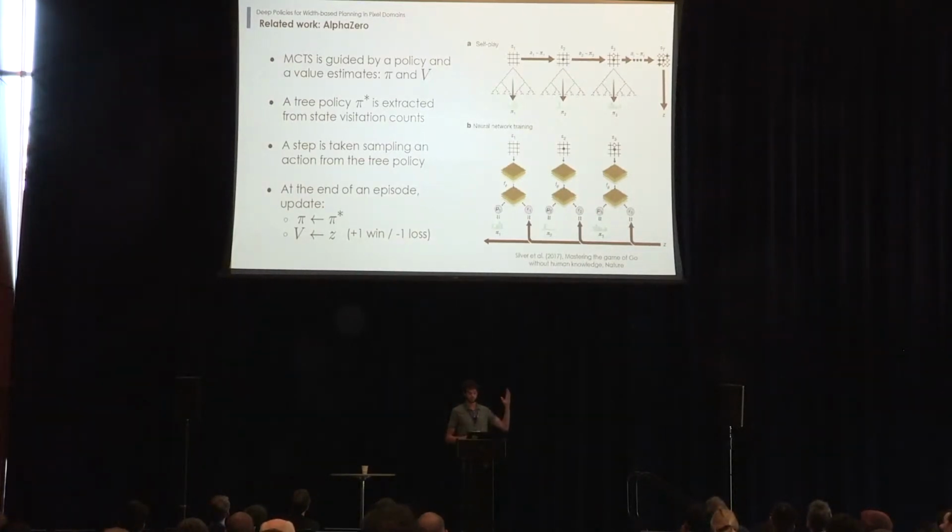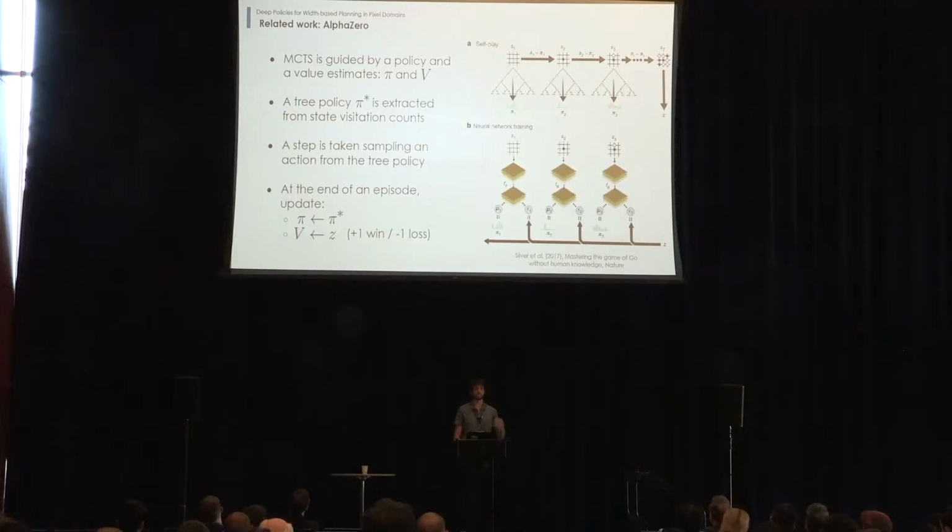So in AlphaZero, we have a Monte Carlo tree search that is guided by a policy and a value estimate. The target policy extracted from the plan is based on visitation counts, how many times we've gone through each branch, instead of from rewards.